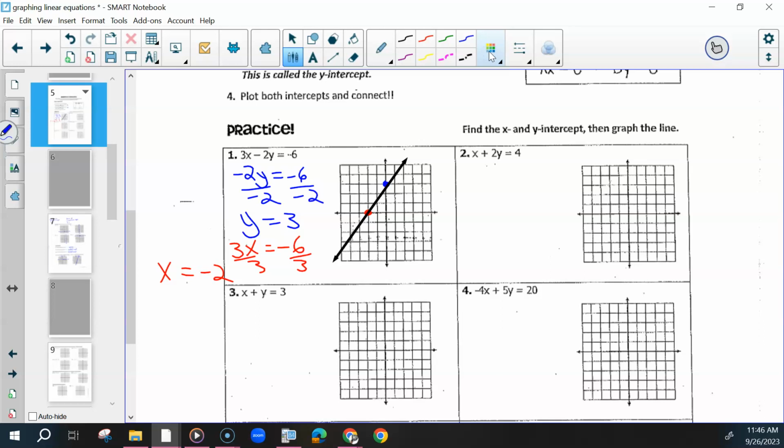So let's try number 2. If I'm solving for my y-intercept, I would cover up my x term. What would be left? 2y equals 4. So let's solve it. Divide both sides by 2.